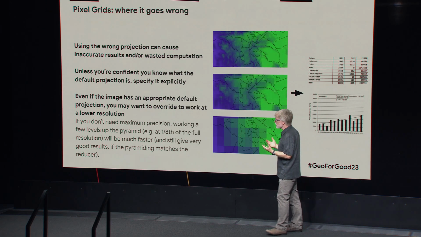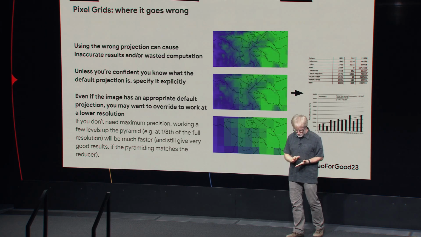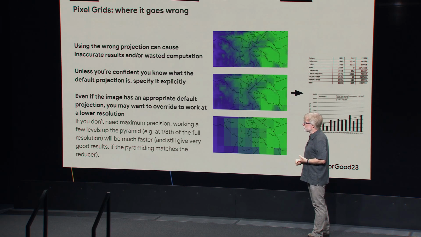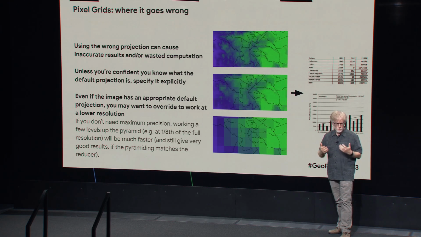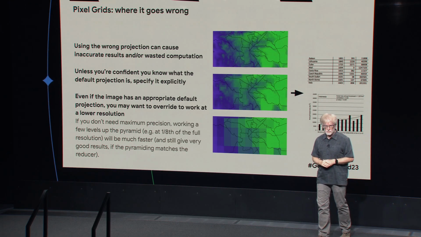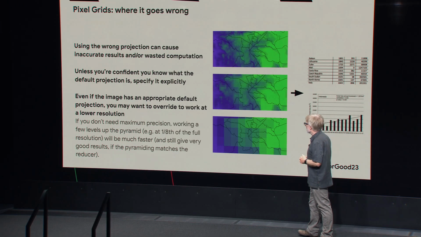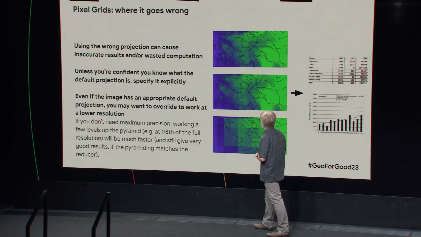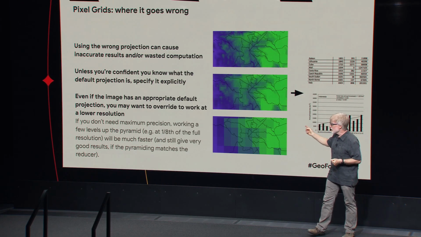So anytime you're calling one of these algorithms, reduceRegion, reduceRegions, reduceToVectors, sample, things like that, if the data you're running it over isn't an ingested image where you can just point out and say, I know what the projection of that is, you should think carefully about whether you need to specify the projection and resolution. I'm focusing mostly on the resolution here because that's the most obvious problem.